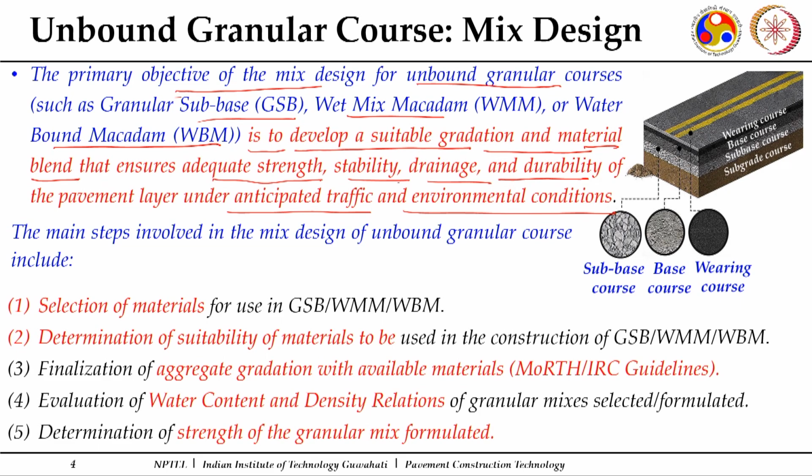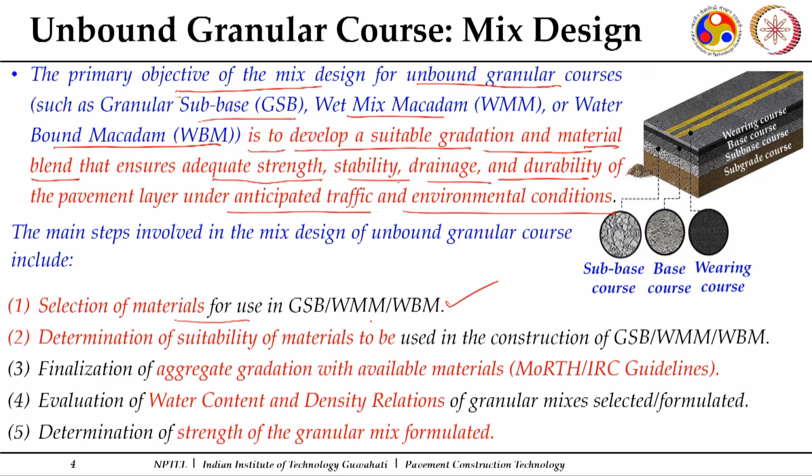Now, if we put down some of the steps involved in this, first of all, any mix which needs to be designed, you require the materials which can be used in that particular mix. So, selection of materials, and definitely you have to rely on the available resources nearby, because you cannot bring materials from very far away distances, it increases the cost.